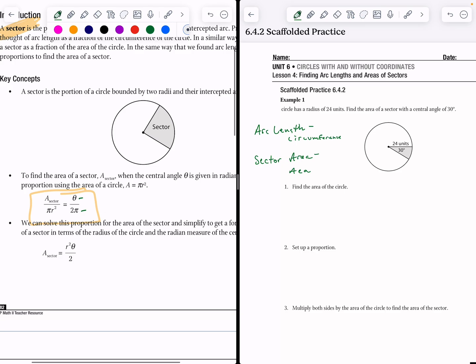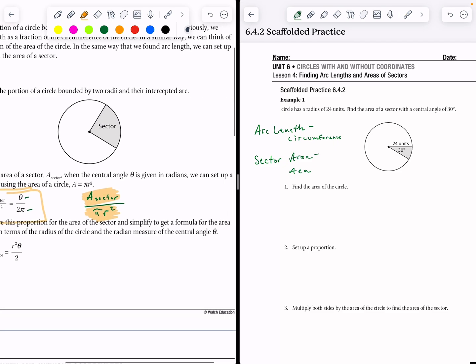If they give us degrees, area of sector, that's what A of sector means, as opposed to A of the whole circle. Pi r squared is the area of the circle, so this will always be pi r squared. This is the area of just the part we want, so it's area over area.